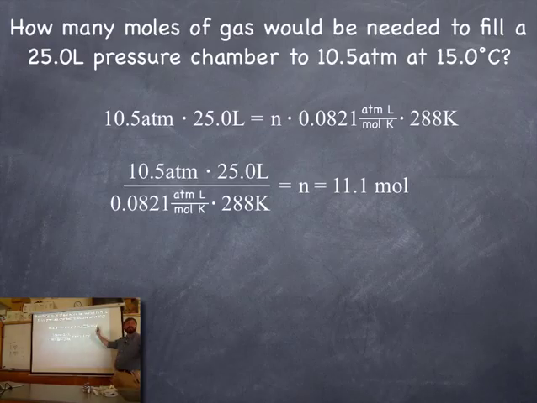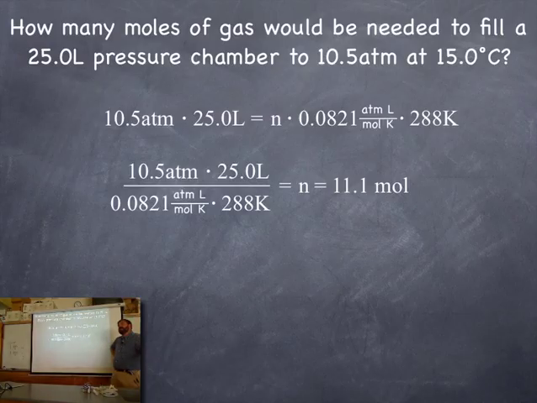So again, this is what we would call an ideal gas law problem. They gave us 3 of the 4 variables. We plugged it in. We solved for the one they didn't give us. What's interesting about these problems is they give us the ability to change the pressure, volume, and temperature of a gas into moles.